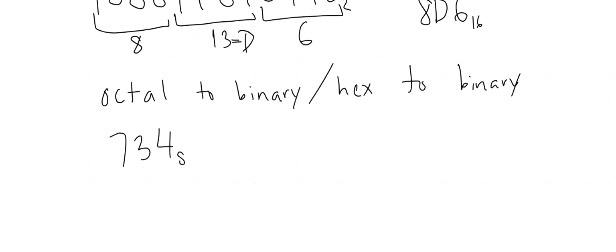How do we go from this into binary? Well, it's pretty simple. You just take each digit and you convert it into a base 2 number. So for example, 7 is 1, 1, 1. And then 3 is 0, 1, 1. And 4 is 1, 0, 0. So that's what it is.